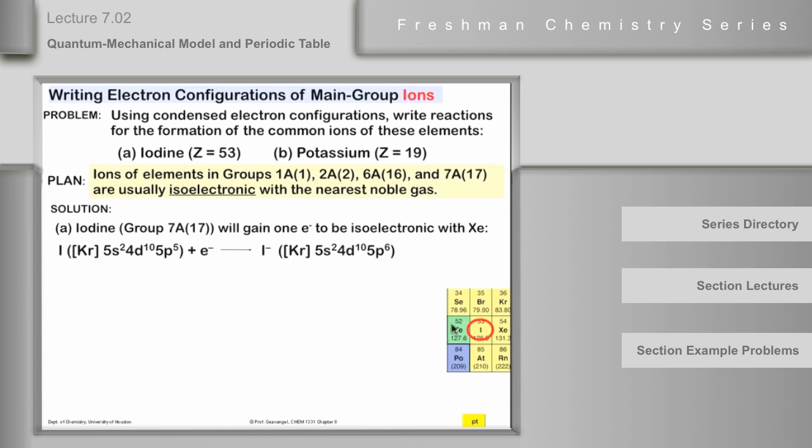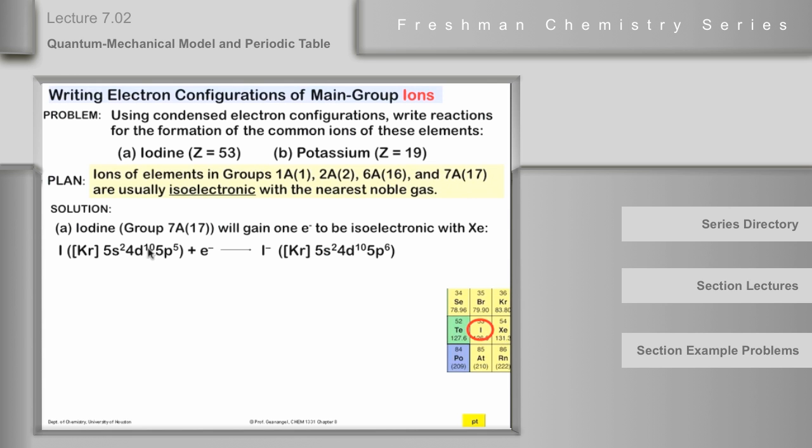First of all, before we write the equation, here's iodine down here. If you go through the same process we just did, it is krypton, and of course I've left out some things here. It's krypton 5s2, 4d10, 5p5. That's the iodine atom. The ion is going to have the same number of electrons as xenon.